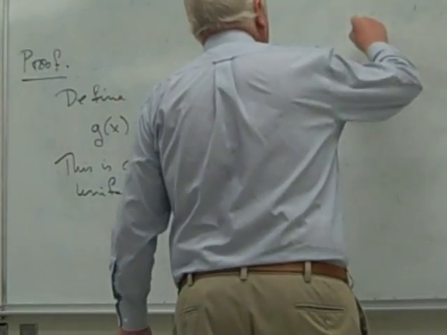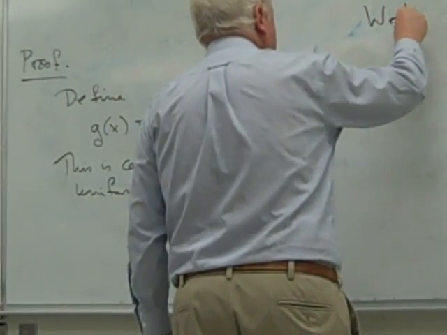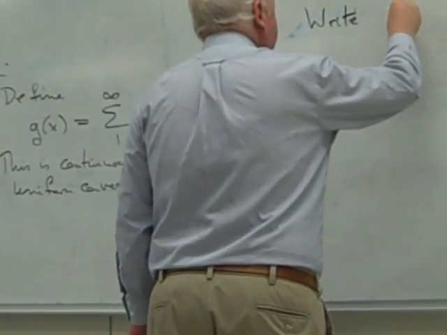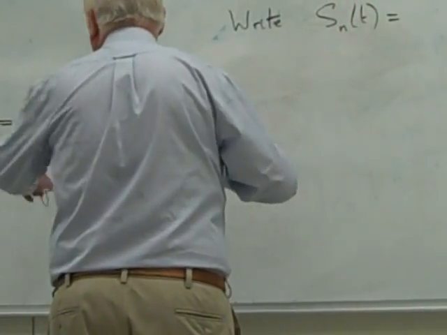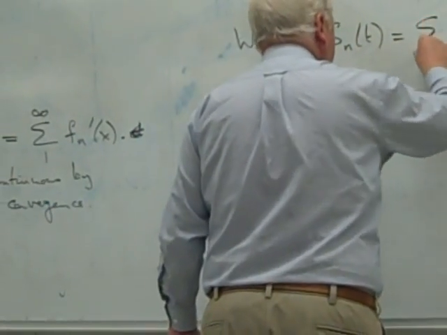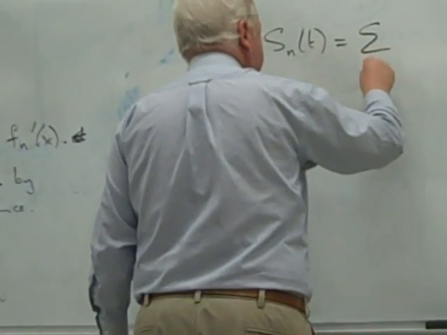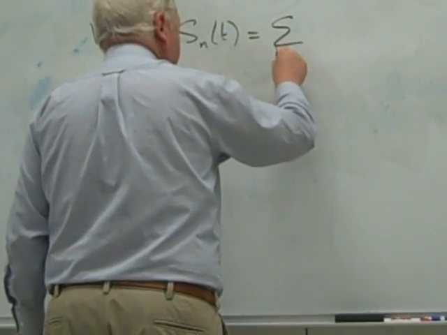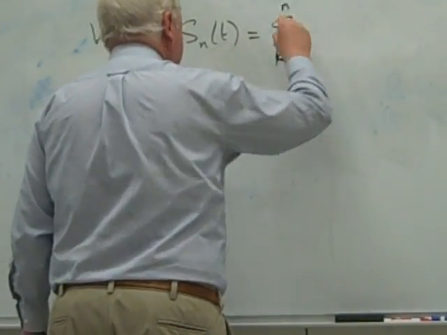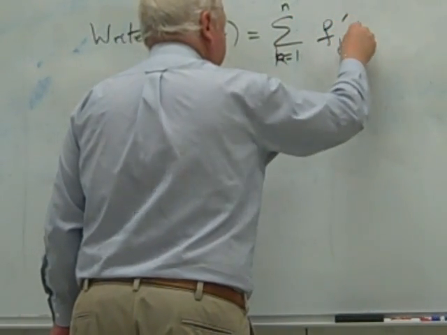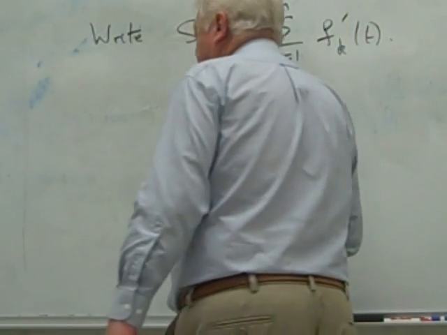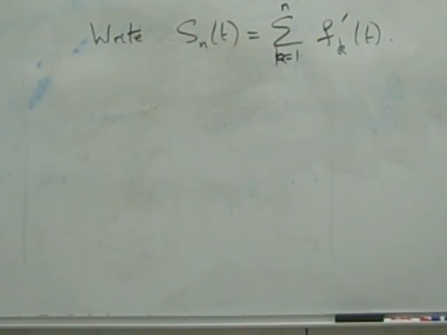So let's write S_n of t for the nth partial sum of the derivatives. And because I'm about to integrate, I've changed the letter to t.